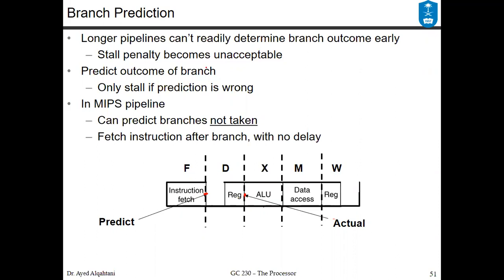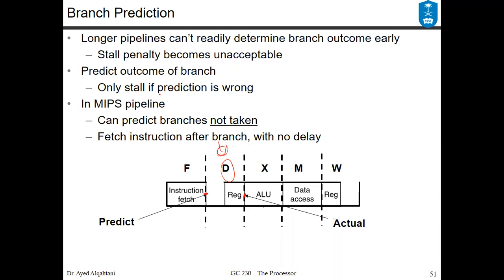So longer pipelines can't determine the branch outcome really early, and because of this, you need to stall for some cycles. Luckily, we're only having one cycle because we pushed all the calculation to the ID stage, which is a good point. But even with that, we still need to wait for one cycle. Another way to reduce this penalty is by predicting the outcome of the branch here.